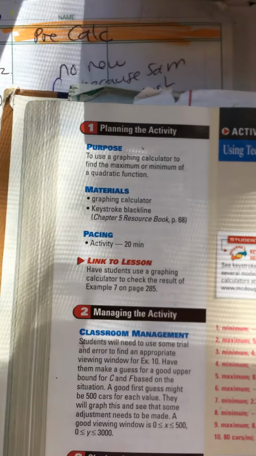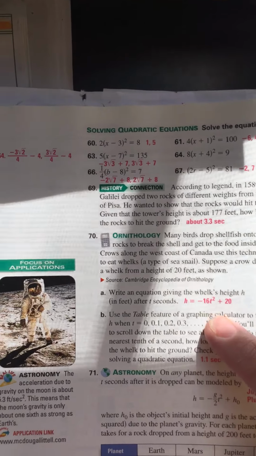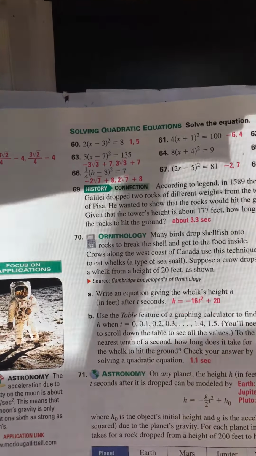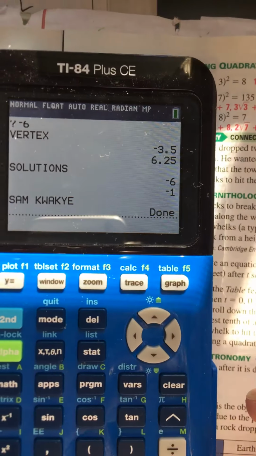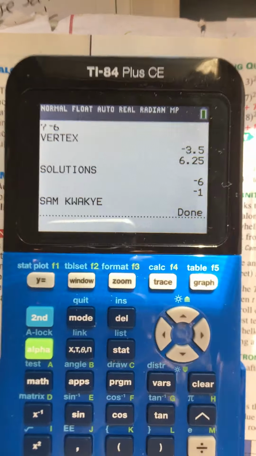Now, there was a problem in the book where they figure out how this bird drops shells to crack them open, and they find the answer using the table feature. I like using the second trace feature, but you can do it however you want. That's the great thing about math. There's usually more than one way to do a problem. You find the ones you like and stick with them.